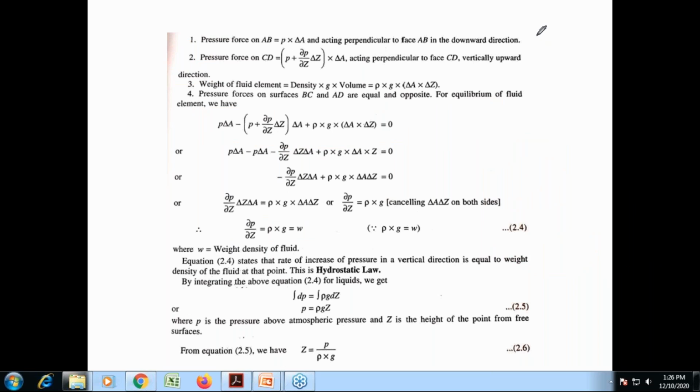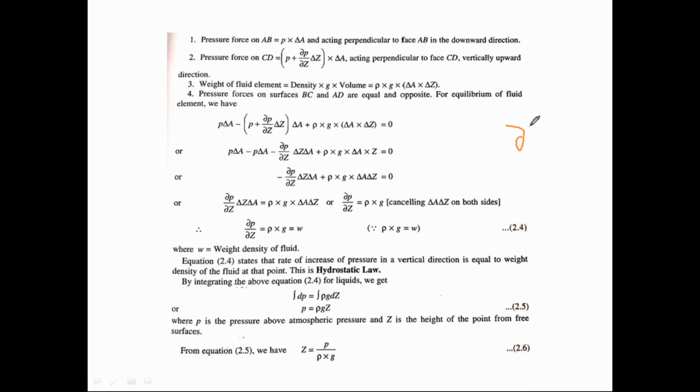Now, what is the meaning of this? It states that the rate of increase of pressure, that is del P, in the vertical downward direction always equals the weight density of the fluid. That weight density is nothing but rho into g.